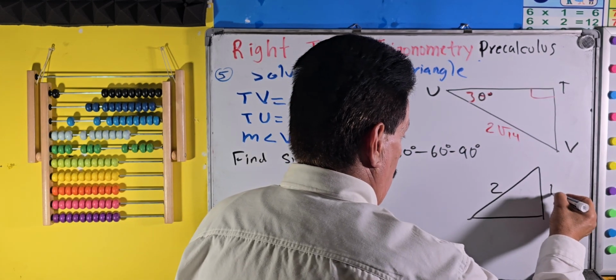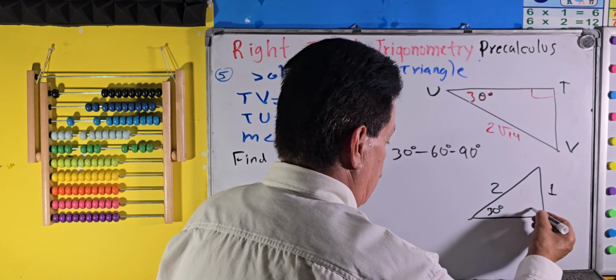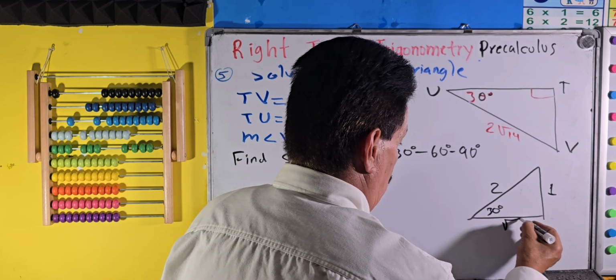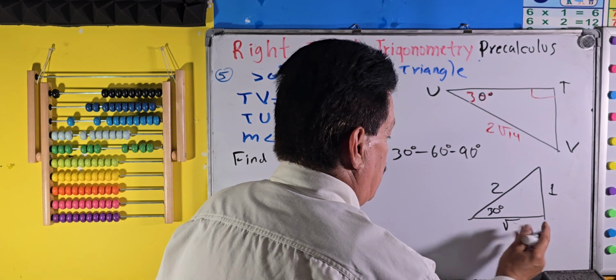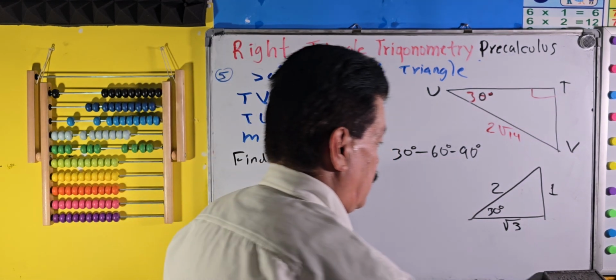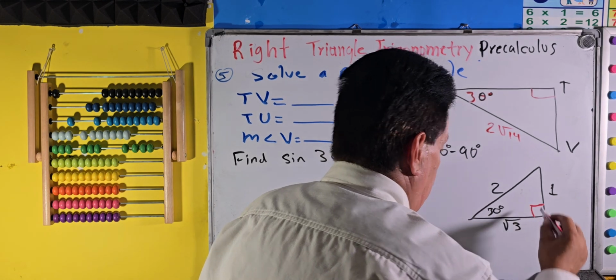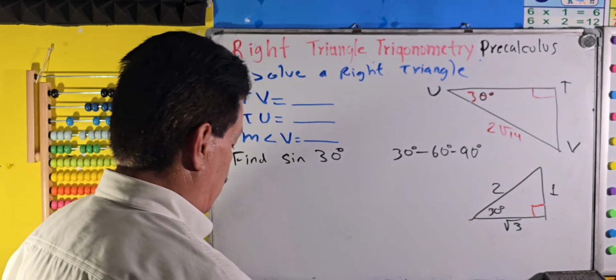So 2, 1, 30 degrees right here. This is square root 3. This is a special triangle. So this is the right angle, okay? So we have the picture there.